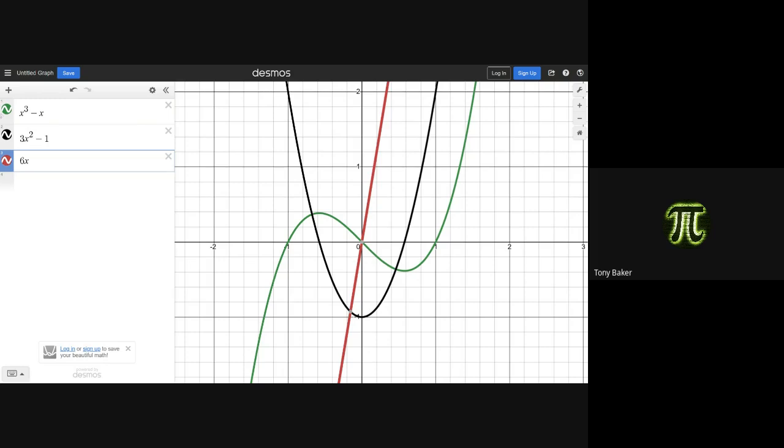So if we ignore this one, we can look at the same concept, right? At this point right here, my derivative is 0, correct? That's my minimum, right? And that point right there is where it crosses the x-axis. Okay.